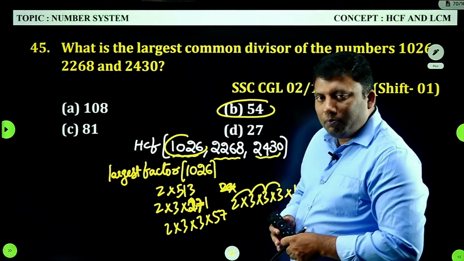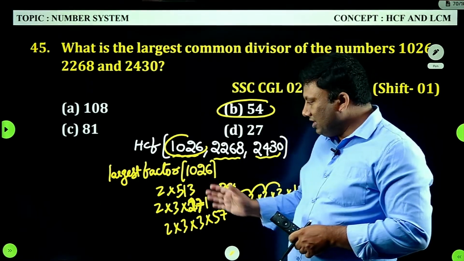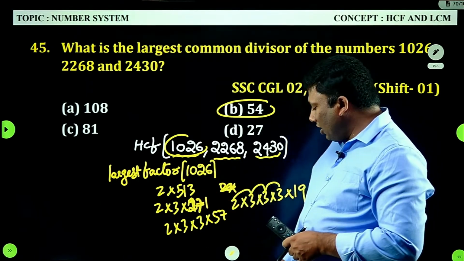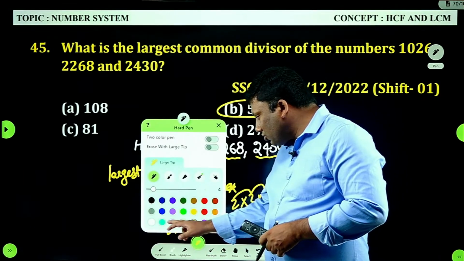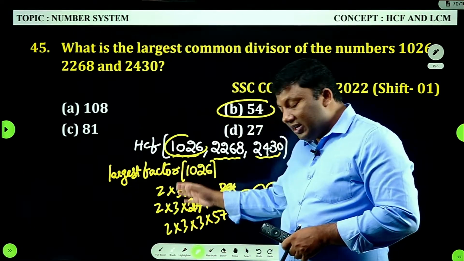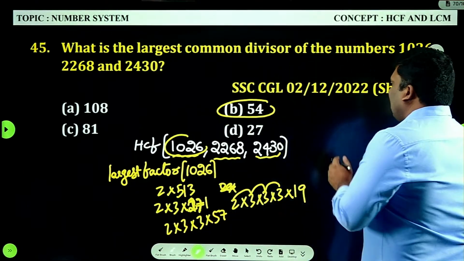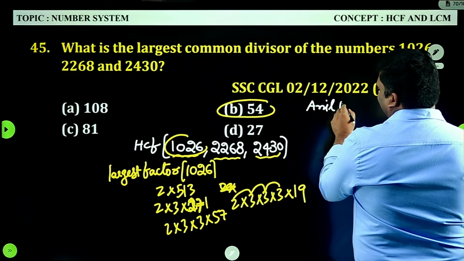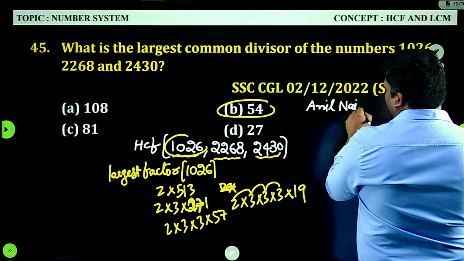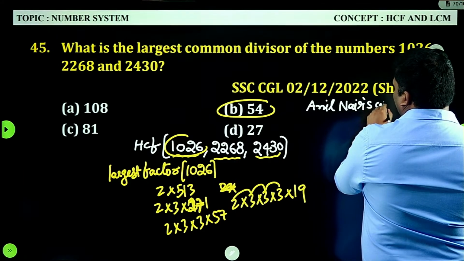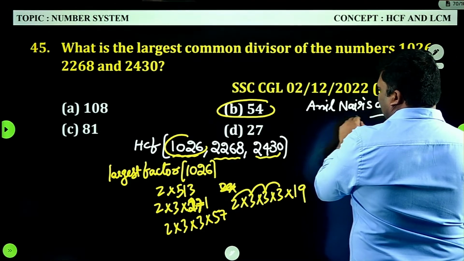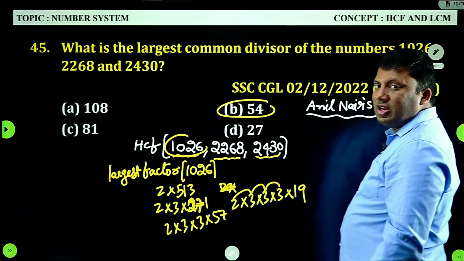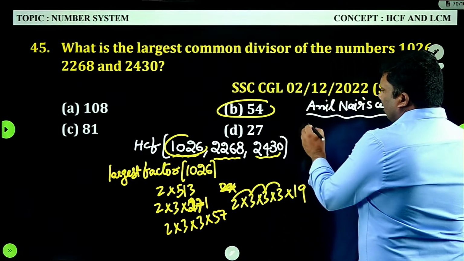Now, a beautiful way of solving; this is one variety. If I need to solve this question, you would take the largest factor. But here is Anil Nair's way, how I will solve the question in 5 seconds. Just by knowing a few concepts, you can solve it orally.